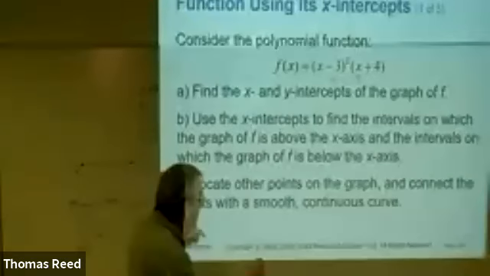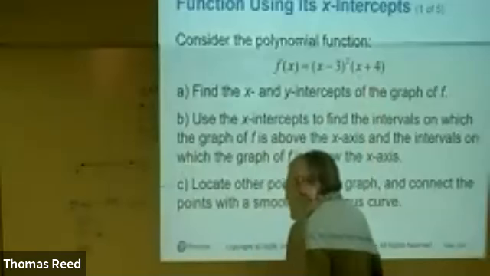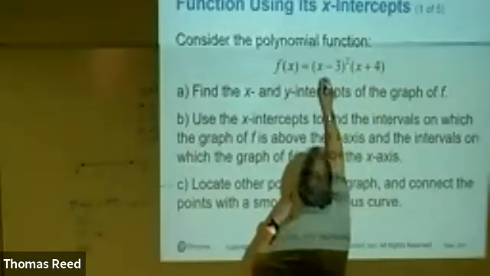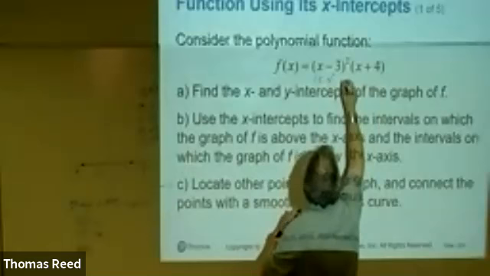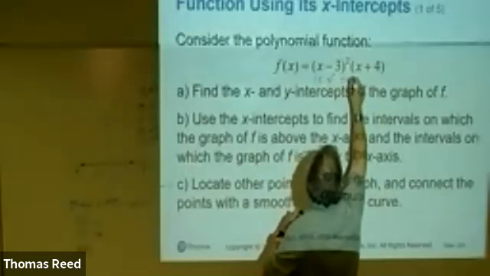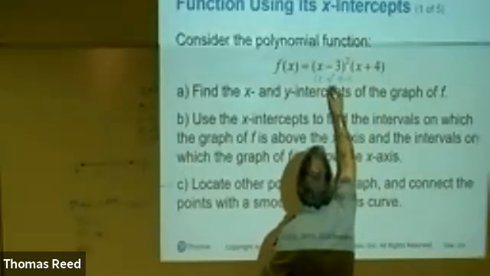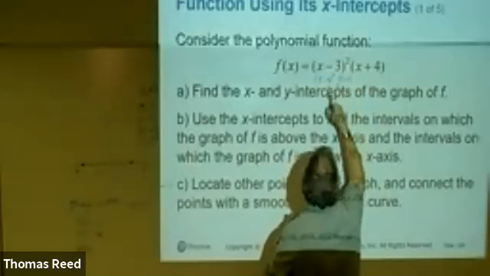I'm not showing my work. I would expect you to show your work. I'm going to put 5 minus 3 squared times 5 plus 4. 5 minus 3 is 2, 2 squared is 4, and 5 plus 4 is 9, so that's 4 times 9, which is 36.